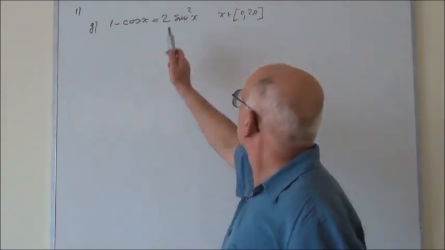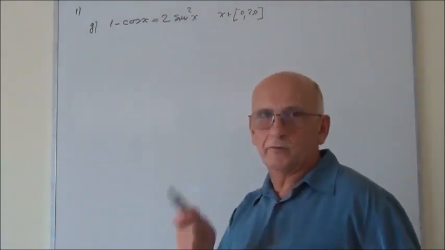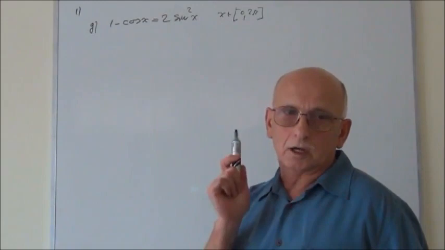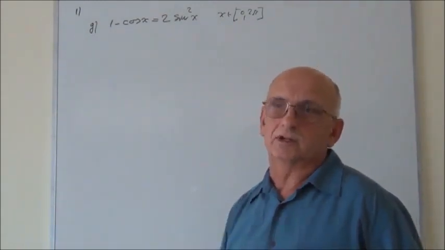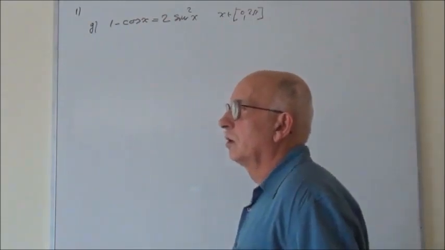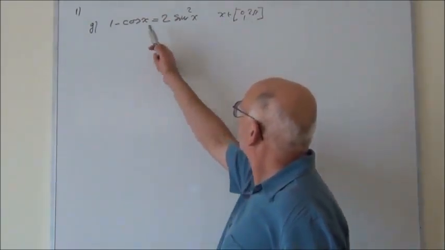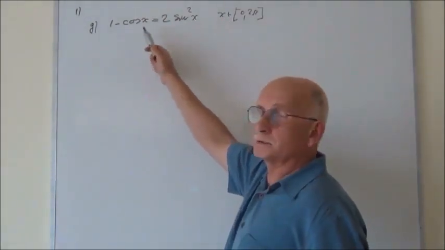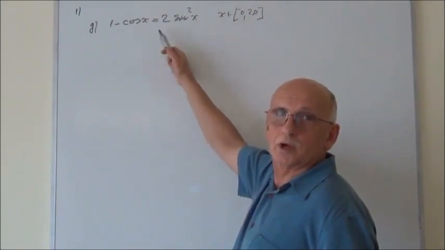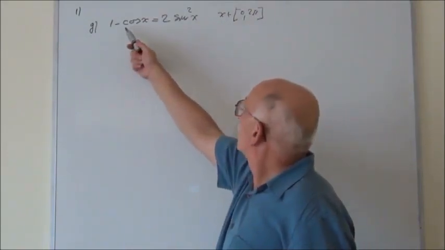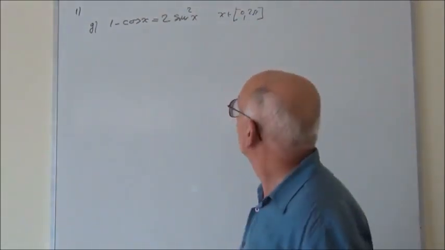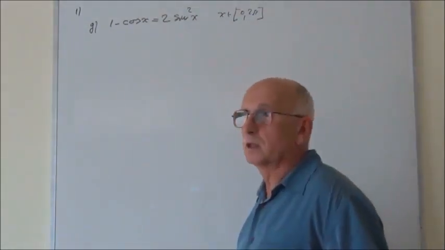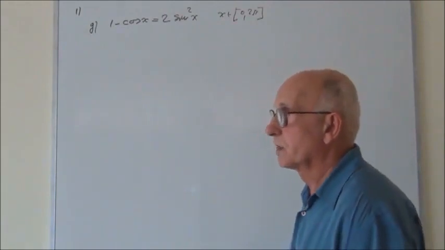And keep in mind, always when you have power 2, we are talking about a quadratic equation. We still can't make any substitution here to make a polynomial quadratic equation, as we have different functions, cosine x and sine x, different terms actually.